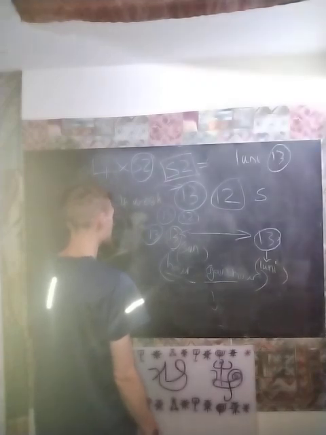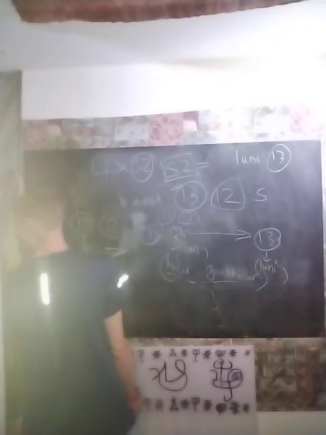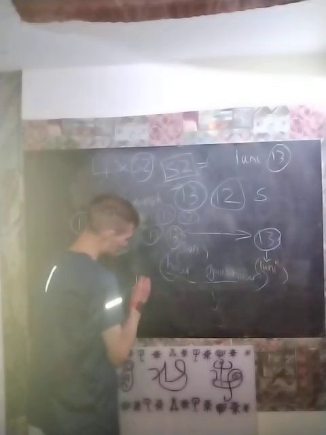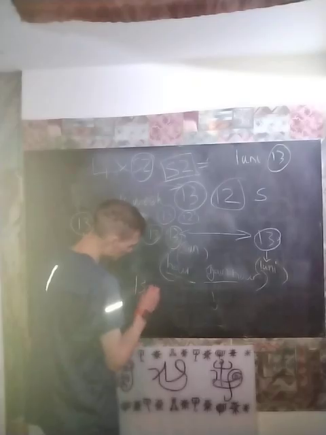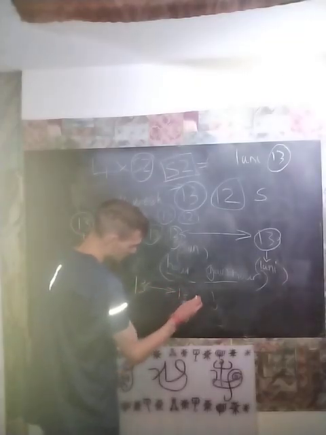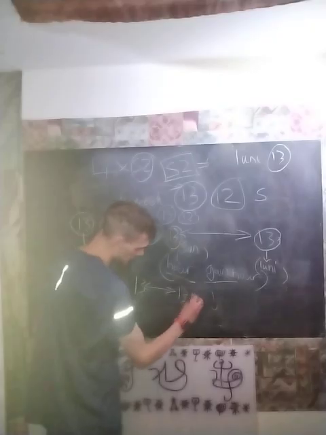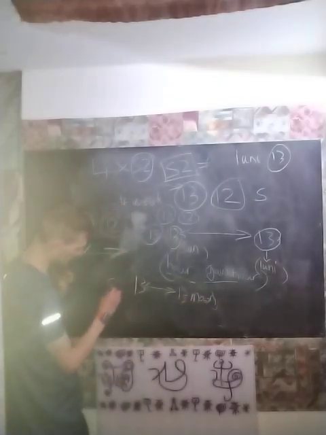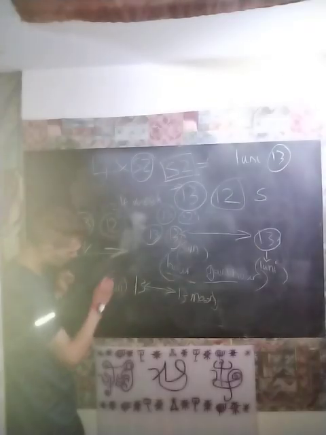So technically, there are 13 sun cycles per year, as much as there are 13 moon cycles. So 13 and 13, yes? So 13 moon and 13 sun.